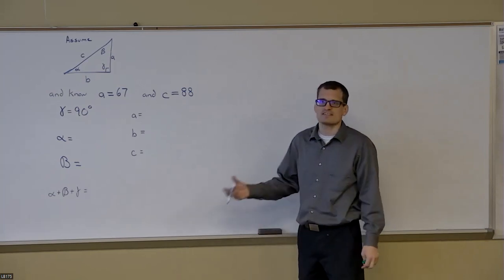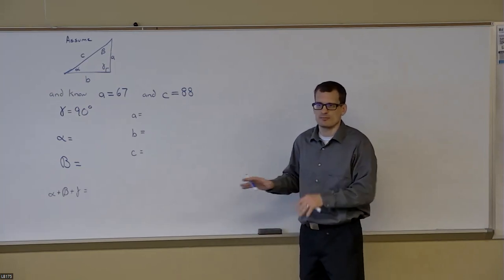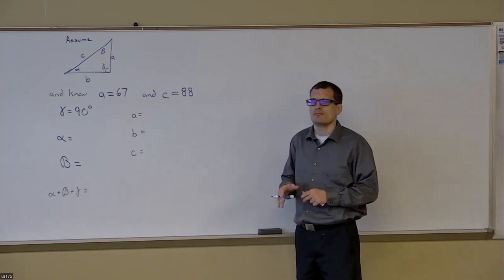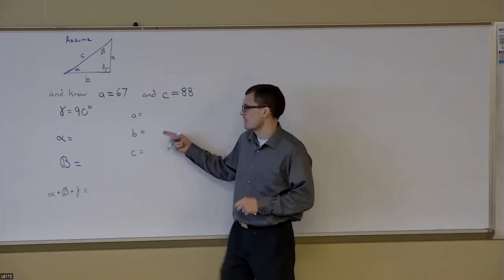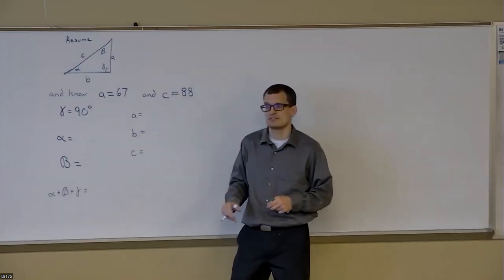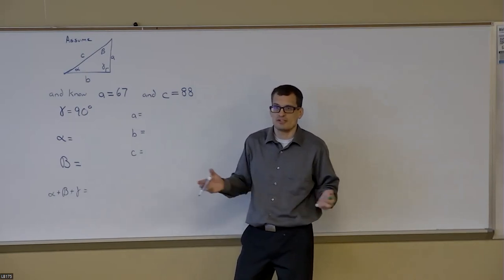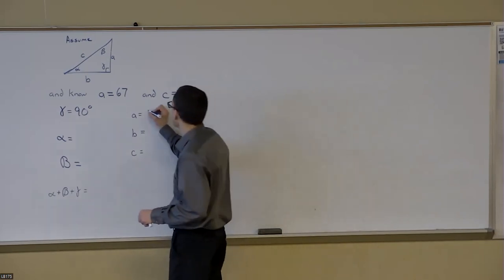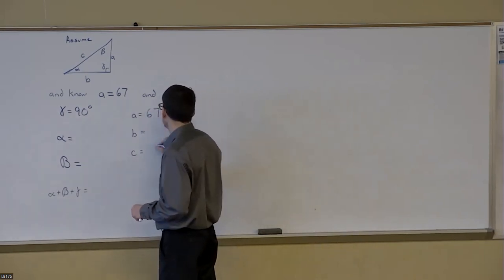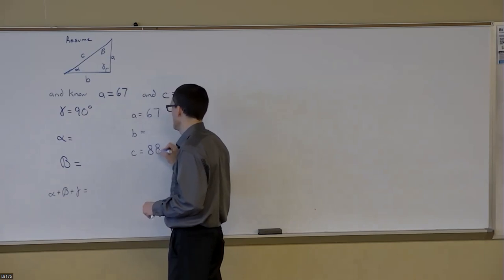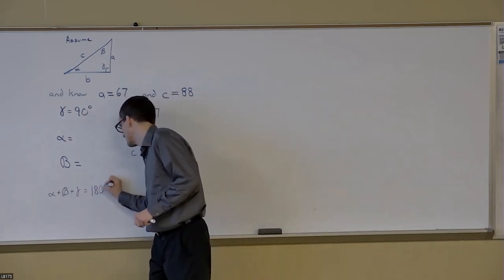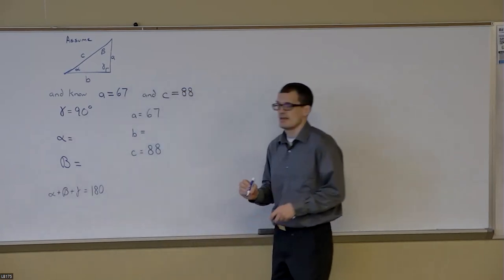Now, just like last time, there's multiple avenues we can approach this with, right? Do I want to find my b first, or do I want to find one of my angles first? And it doesn't matter, you can do it either way. Okay. a is 67, c is 88, and the right angle is 90 always.